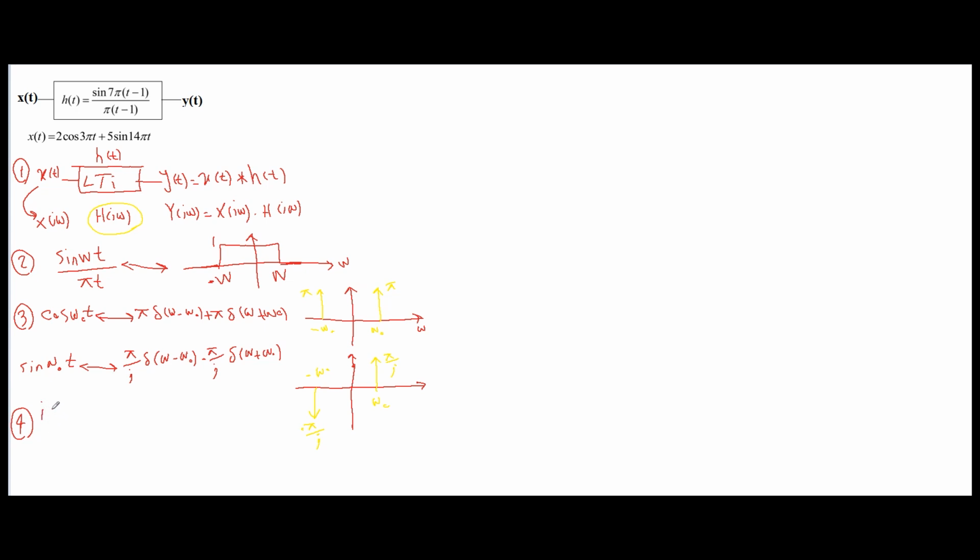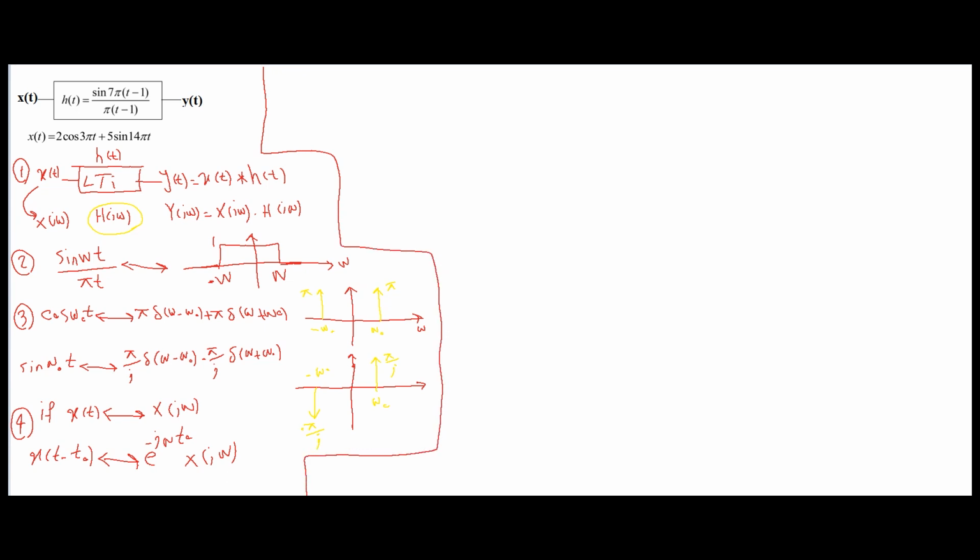If the Fourier transform of x of t is X of j omega, then the Fourier transform of x of t minus t0 is e to the power of minus j omega t0 multiplied by X of j omega. These were the key concepts we needed. Now let's move on to solving the problem.